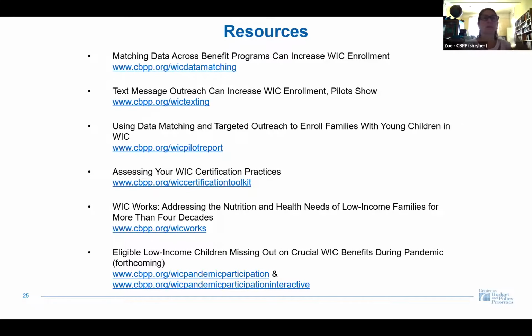So just stepping back without using a lot of jargon, the gist is that we have interpreted, and states have interpreted, that because people are automatically income eligible for WIC once they're enrolled in Medicaid, enrolling in Medicaid is essentially giving permission to share data with WIC for enrollment purposes. I can follow up with some resources and references in the rules that support that, but that is the basic argument that is used. And there are several states now doing it.